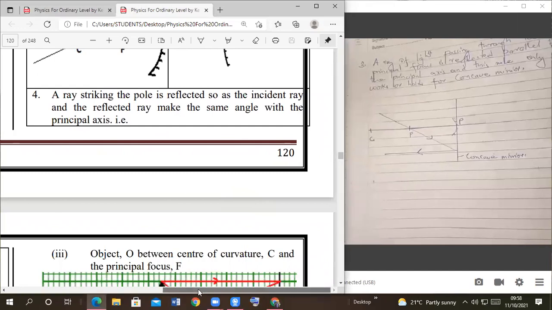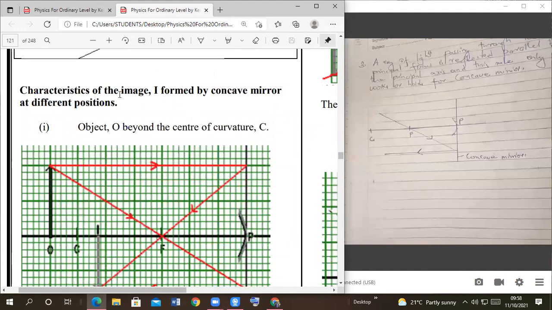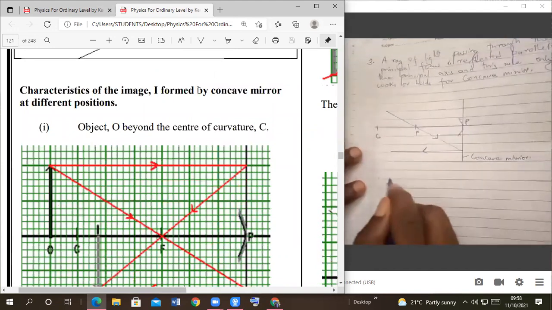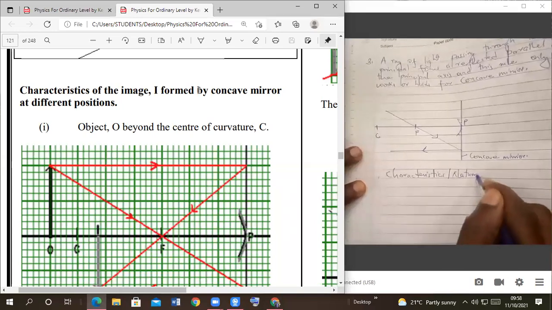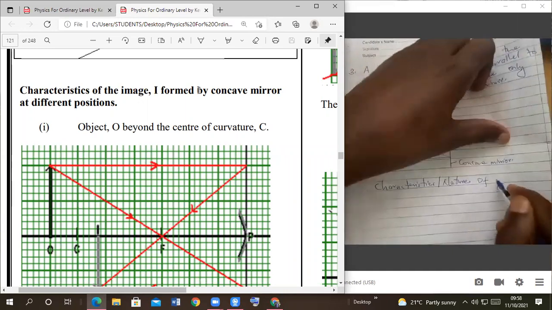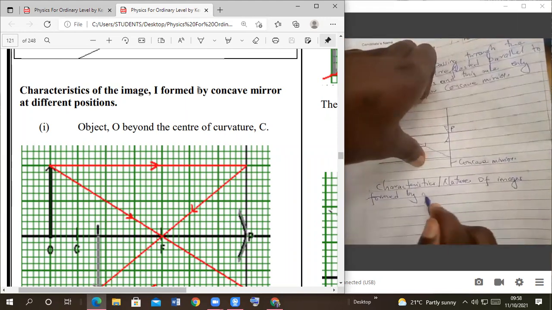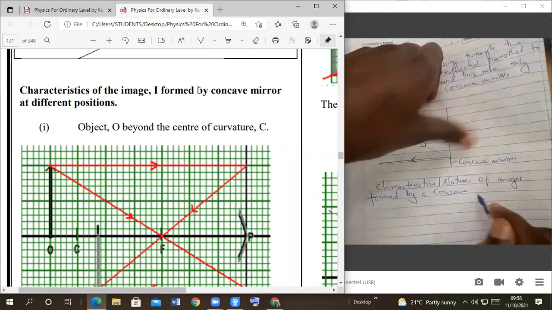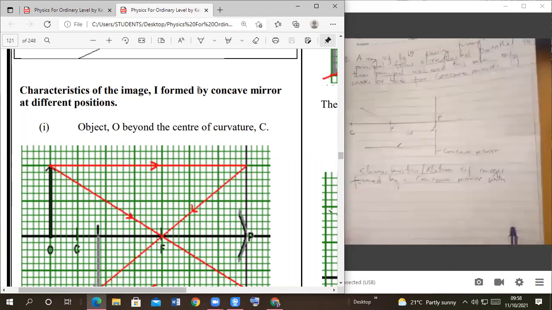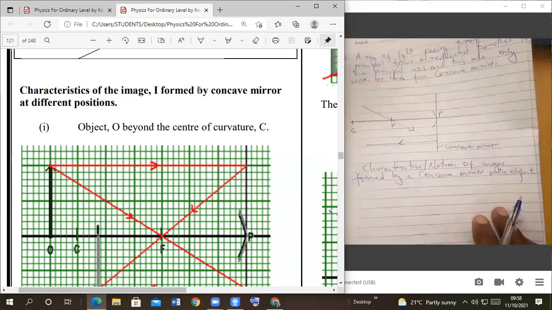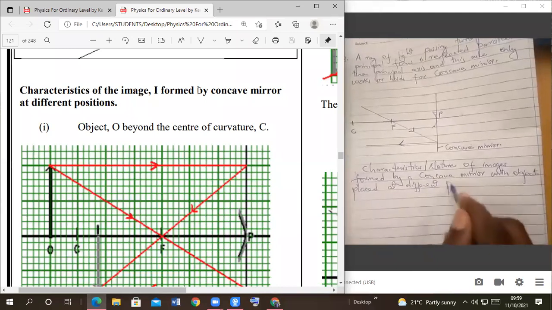So members, let's look at now how these images are formed. Subheading: characteristic or nature of images formed by a concave mirror with the object placed at different positions.